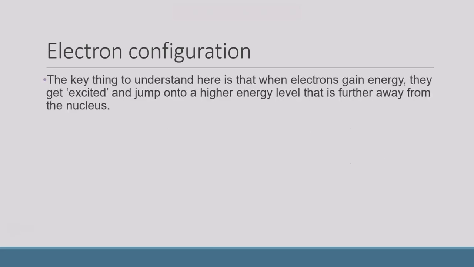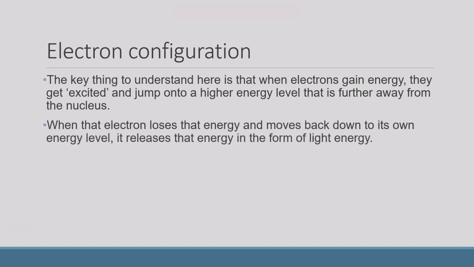But the key thing that we need to take from this is that when electrons gain energy, they get excited and they jump onto a higher energy level. That higher energy level is always going to be further away from the nucleus. And when that electron loses the energy that excited it, it moves back down to its original energy level, the ground state, and it releases that energy in the form of light.